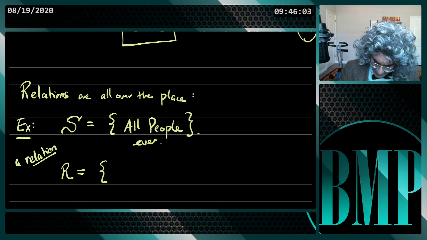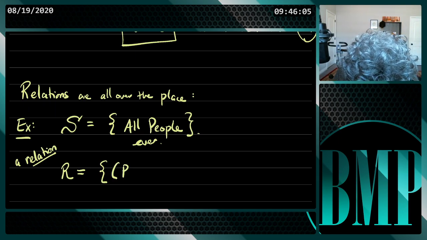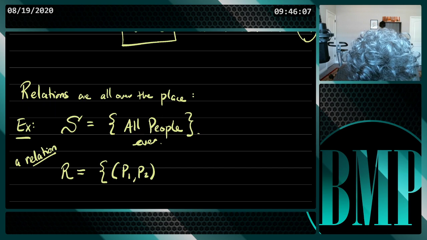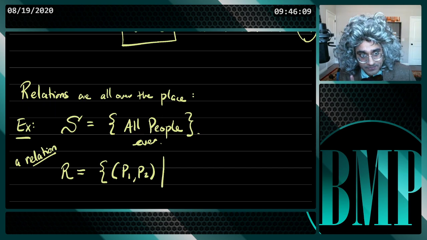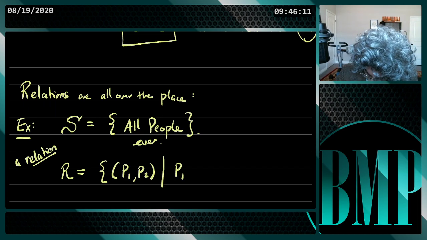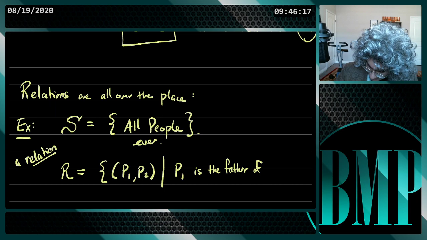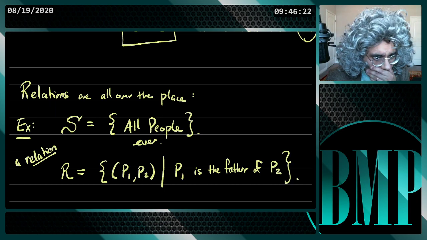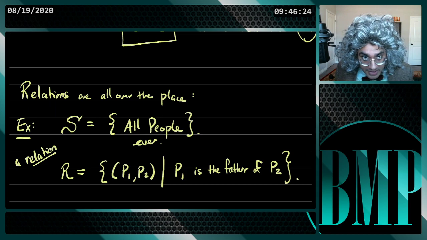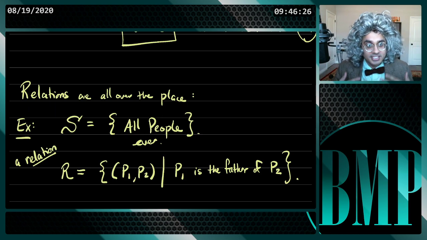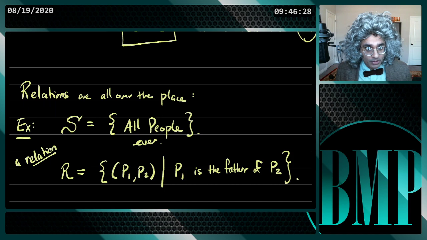R is the set of pairs of people, person number 1, comma person number 2, such that person number 1 is the father of person number 2. That's a concept. It's a relationship. It's a relation among people.